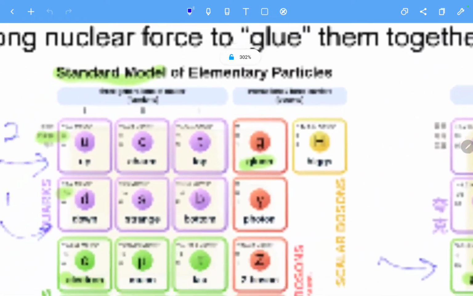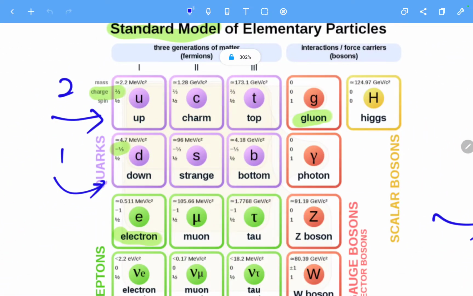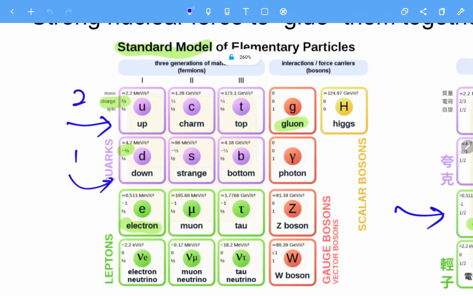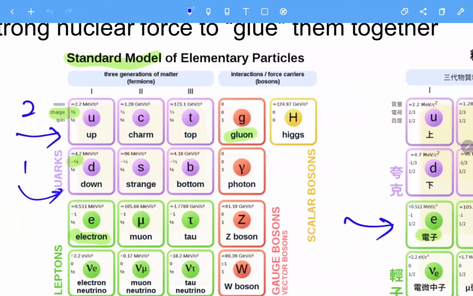As I mentioned here, we have even smaller building blocks for the objects in the universe. It is called the standard model, 粒子的标准模型.